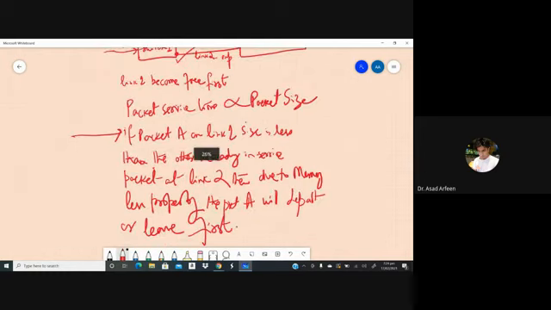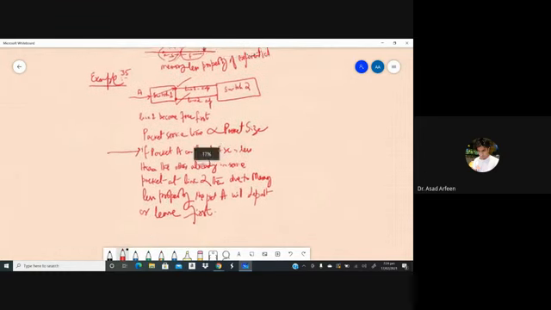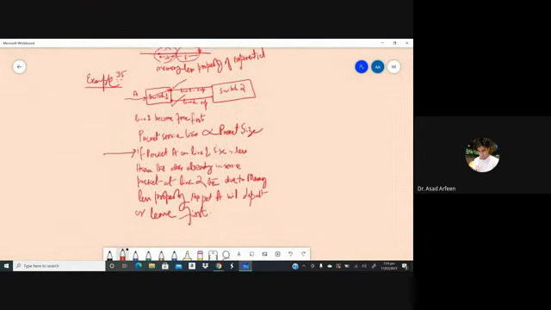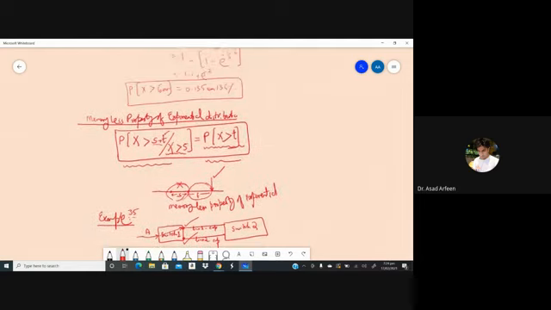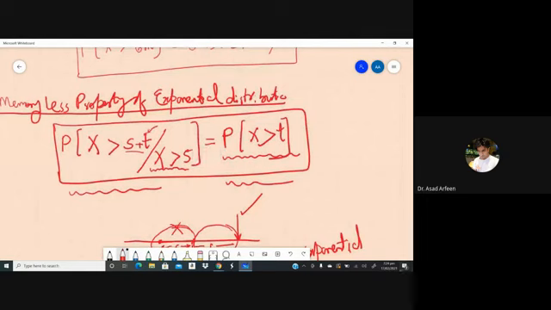For any other distributions, we cannot say this, but here we have just taken advantage of the memoryless property of the exponential distribution. For other distributions, we do not follow the memoryless property, so we cannot say this. As written here, the time already waited has no impact on the new waiting time.